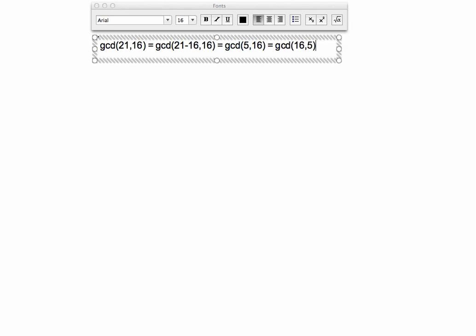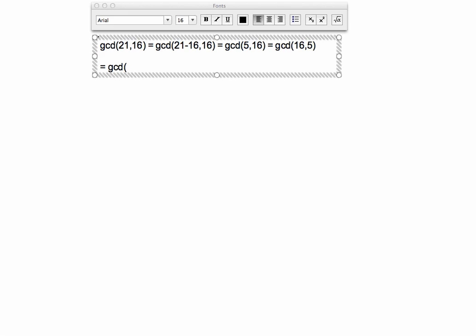And that is equal to, we again subtract the difference, GCD of 16 minus 5, comma 5. And that is equal to the GCD of 11 and 5. Okay, great. So we subtract them again. GCD of 11 minus 5, comma 5 is the GCD of 6, comma 5.